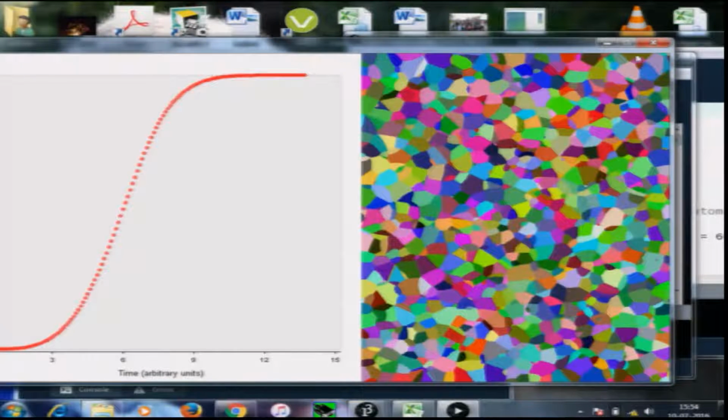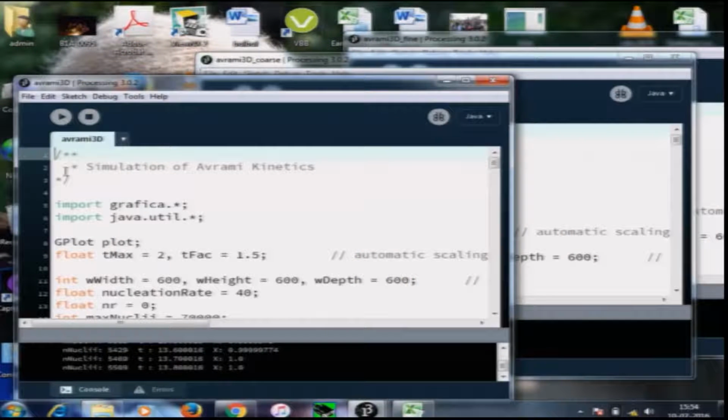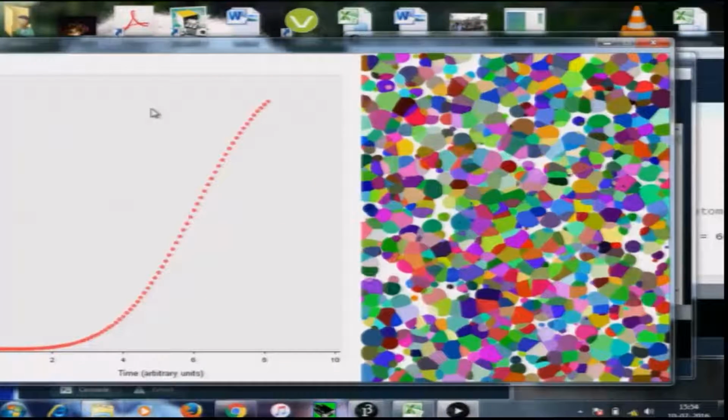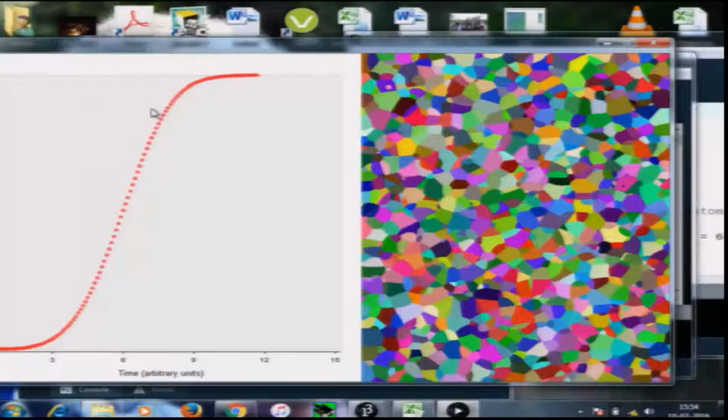Let me show you this simulation once more. On the right hand side, you will see nuclei forming and growing, and this is actually being done in 3 dimensions, but you are looking at a 2-dimensional section through the structure.